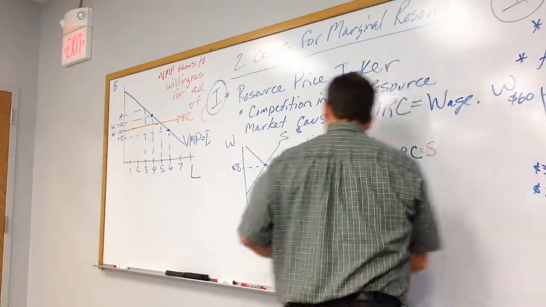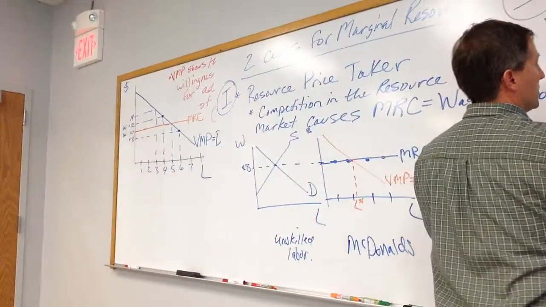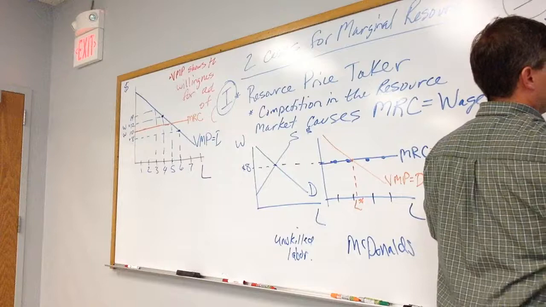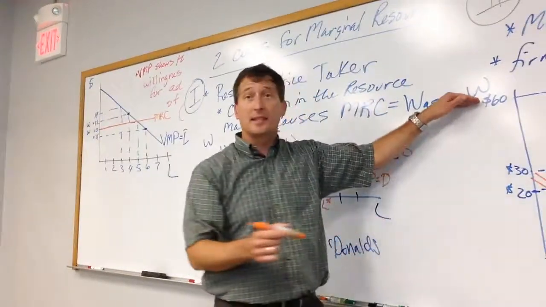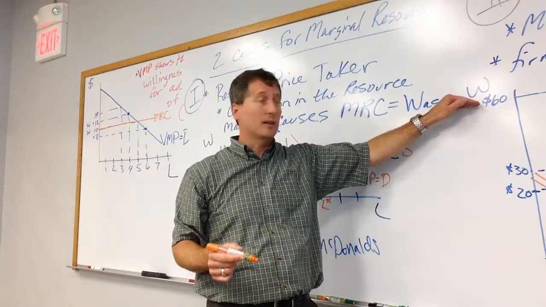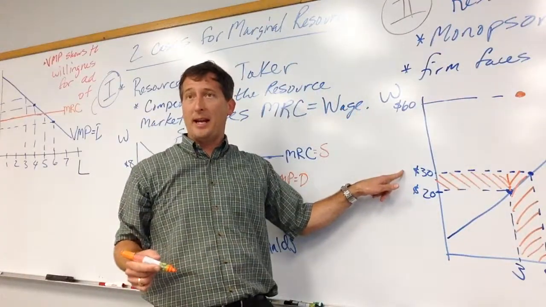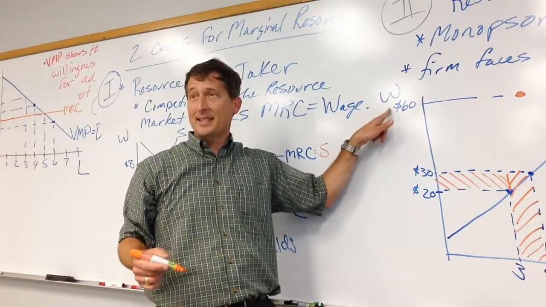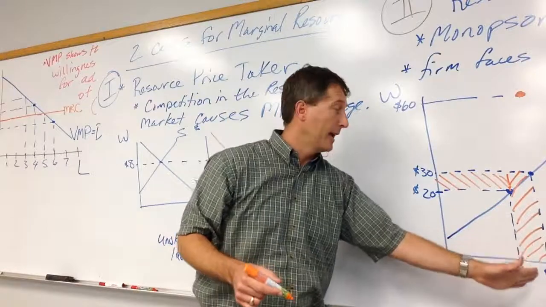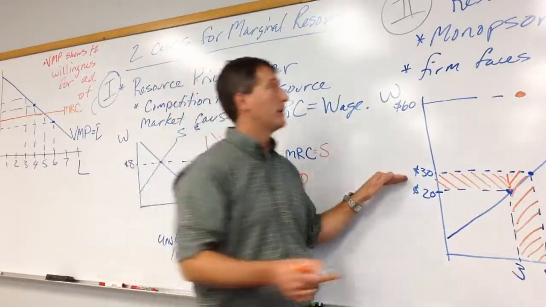And so the marginal resource cost curve, I put this right above here, this orange dot represents the marginal resource cost. The cost of an additional nurse is not the 30 I had to pay him or her, but the 60, because I had to pay 30 to get him or her, and my previous employees I had to bump up too.